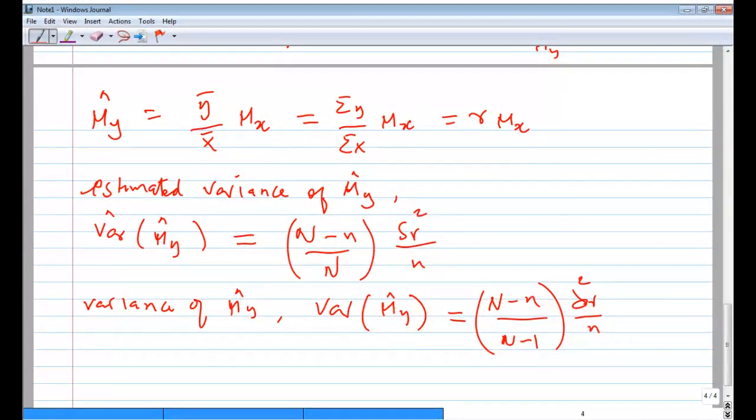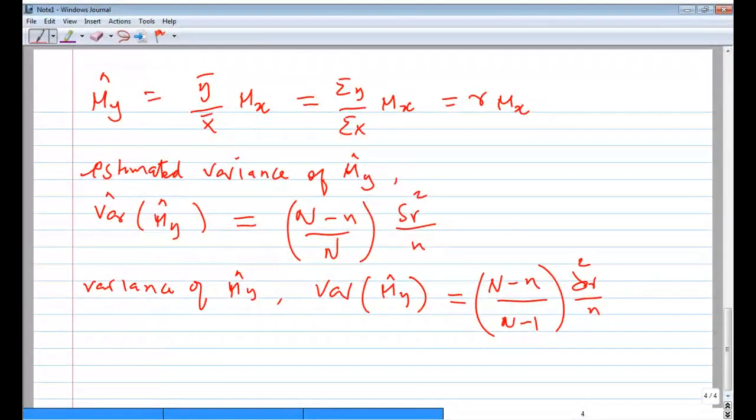Now, what about the ratio estimate of the population total? In other words, the estimated population total under ratio estimation.